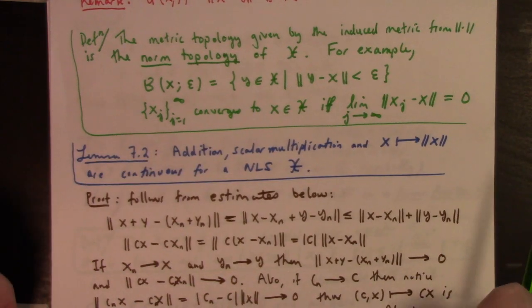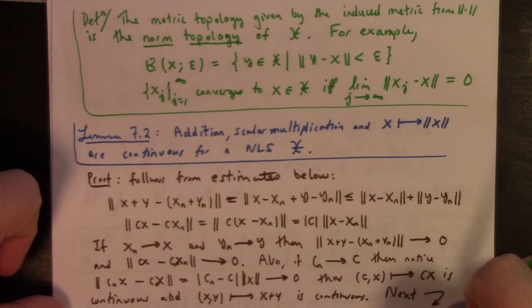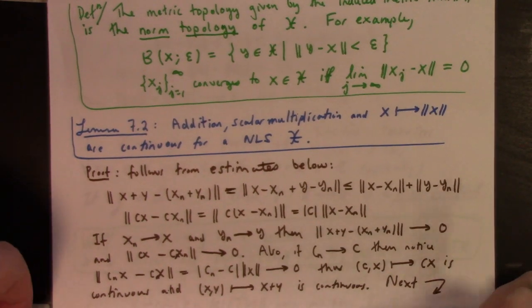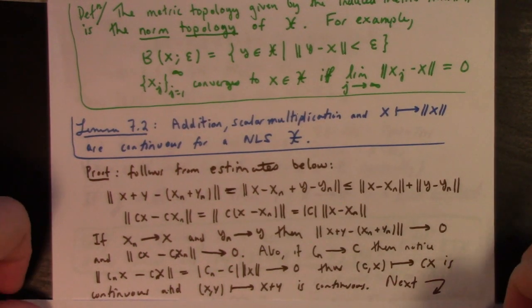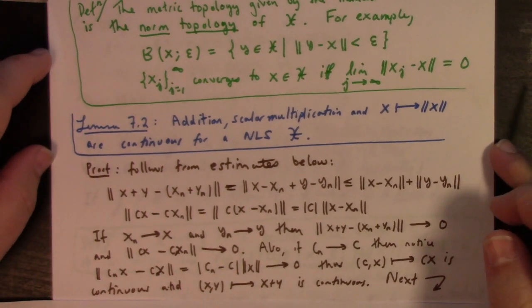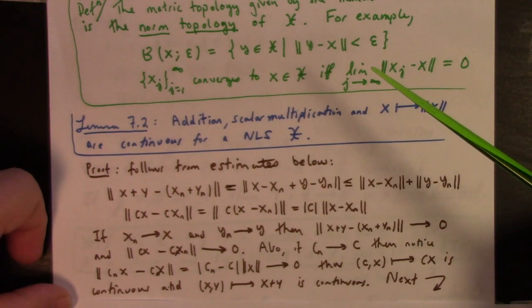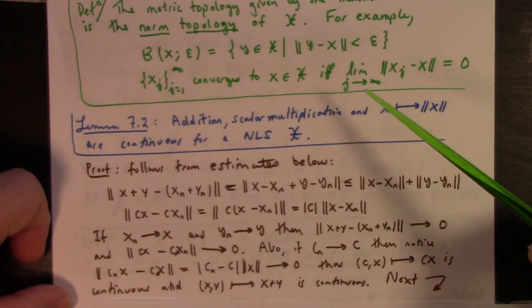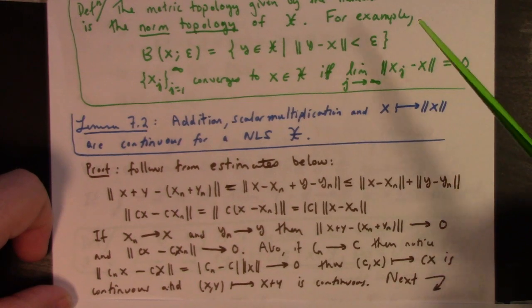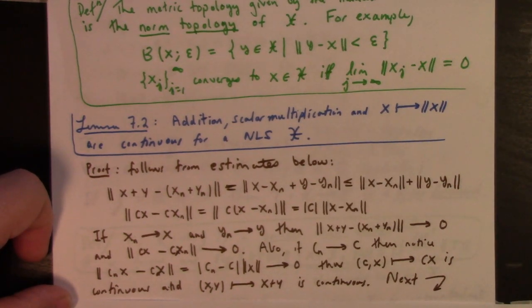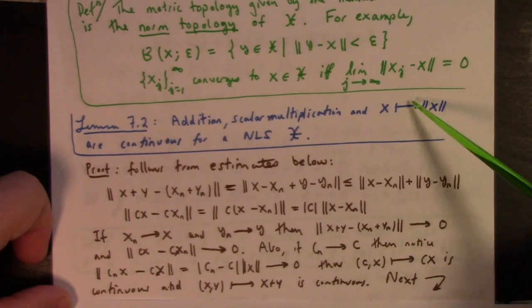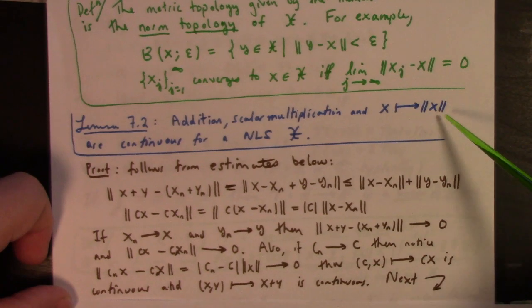A little bit more to say, which is that addition and scalar multiplication and also the assignment of norm are themselves continuous functions on a normed linear space. Or, to be picky, they're really continuous functions from the Cartesian product of the normed linear space with itself for addition, or continuous functions from the field of scalars across the normed linear space to the normed linear space, or in this case, a continuous function from the normed linear space to the real numbers.